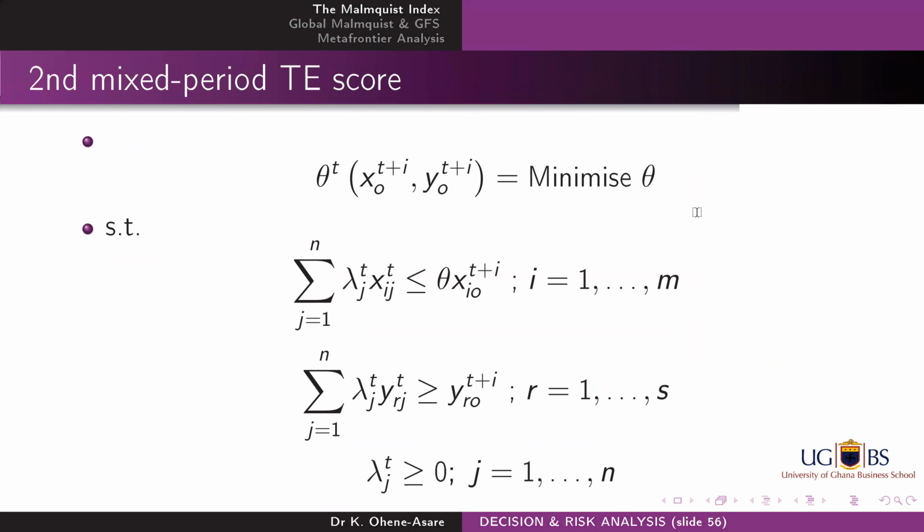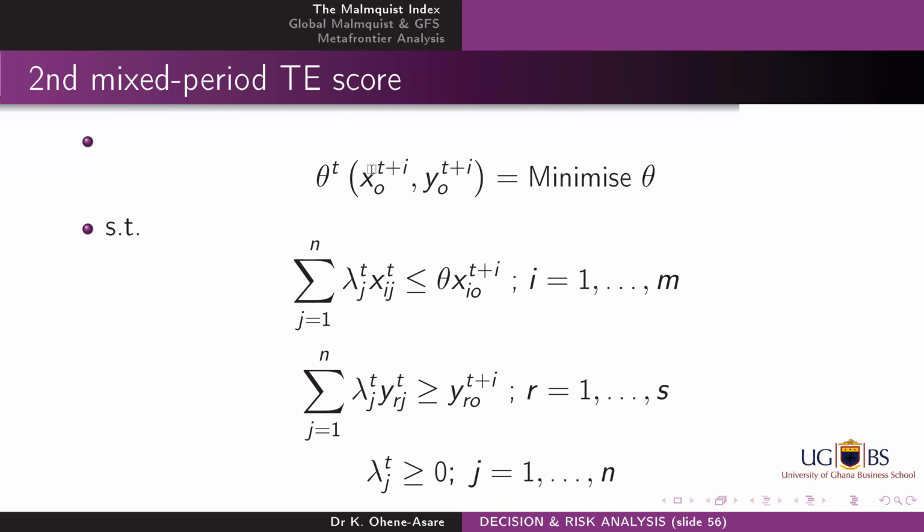Of course, this is the other cross-period efficiency. You can see that in this second one, the frontier is the first year. They are all having T, the frontier. But on the right-hand side, the target DMU will be using the second year and not the first year. When you compare this with the previous one, you can see that the T and the T plus one were all swapped.